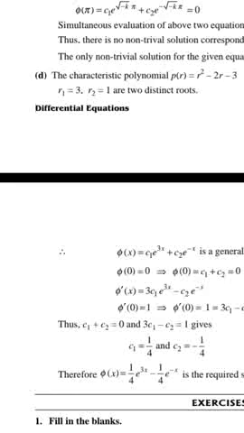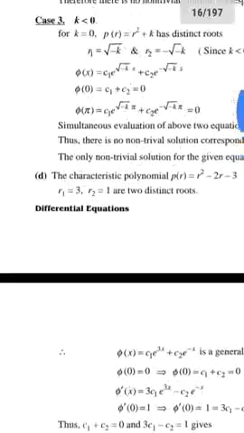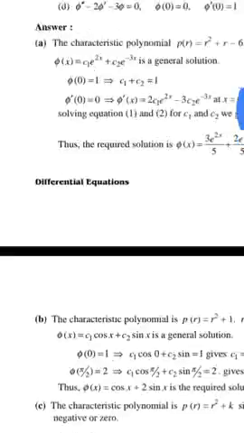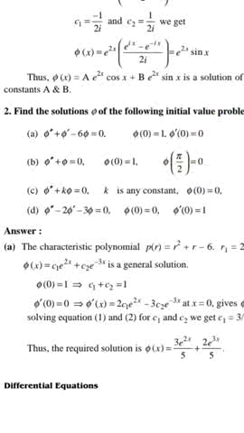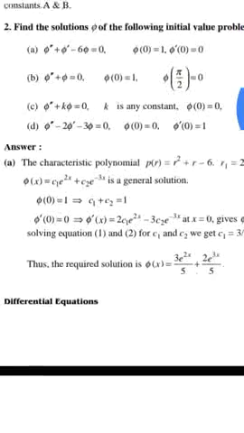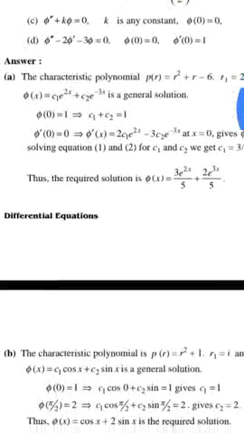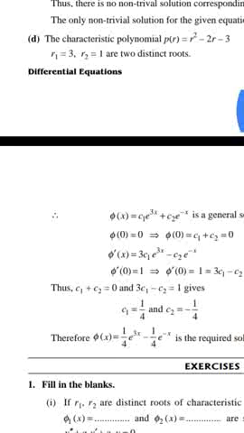The next problem: the given equation is phi double dash minus 2 phi dash minus 3 phi is equal to 0, with conditions phi of 0 is equal to 0 and phi dash of 0 is equal to 1.